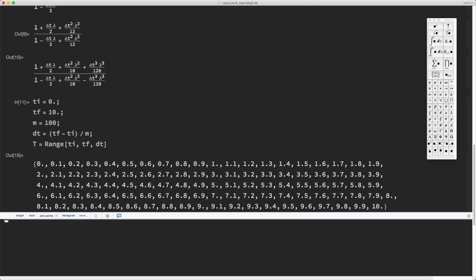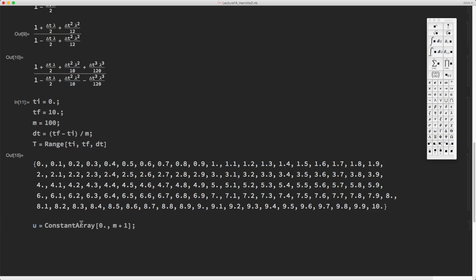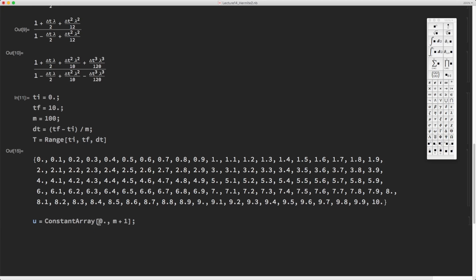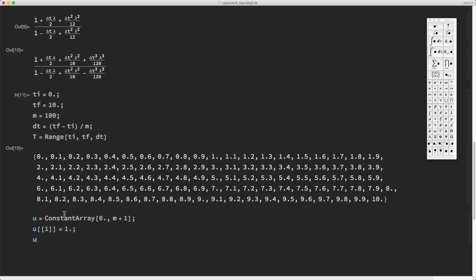Okay, so now we need to define a vector of our solution at each time instant. We can do that using constant array, initialize our vector to 0. And then let's suppose that the initial condition is 1. So the first value of u is 1, and the next value will be determined in the do loop.